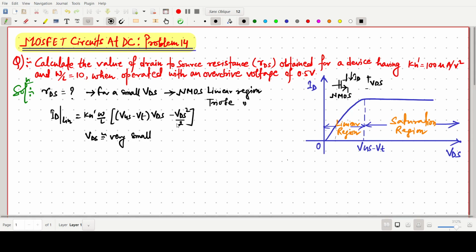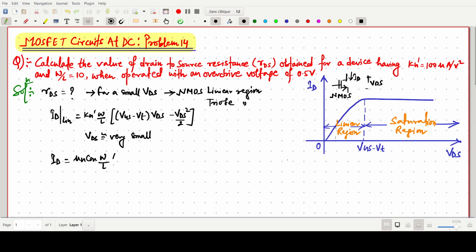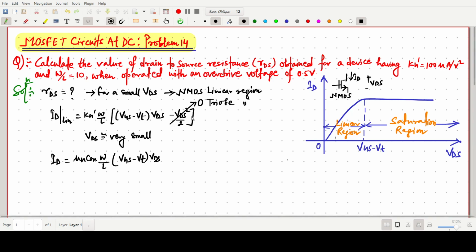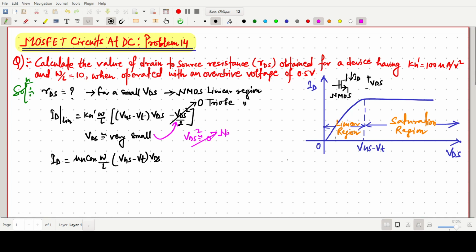So for a small VDS, K'n can also be written as mu n COX, and ID is simply mu n COX W by L in bracket VGS minus VT into VDS. The VDS square term will be nearly 0, so we have to neglect this term for the small value calculation.